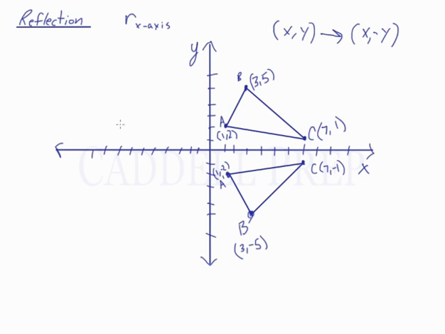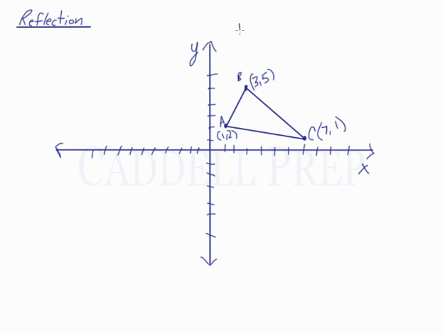Now let's do the same thing for reflecting in the y-axis. So we're going to reflect triangle ABC over the y-axis. So similar to reflecting over the x-axis, we're just going to do 1 point at a time.